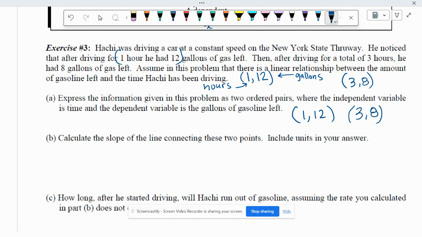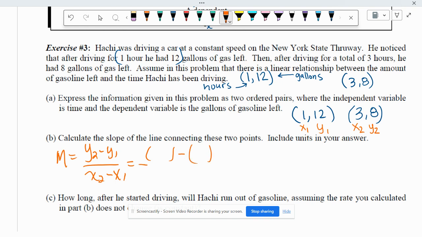Calculate the slope of the line that's connected to these two points. Include your units. So I'm going to label this x sub 1, y sub 1, x sub 2, y sub 2. And when I use the slope formula, y sub 2 minus y sub 1 over x sub 2 minus x sub 1, what am I plugging in for those parentheses?